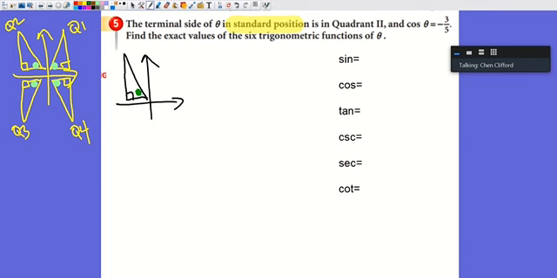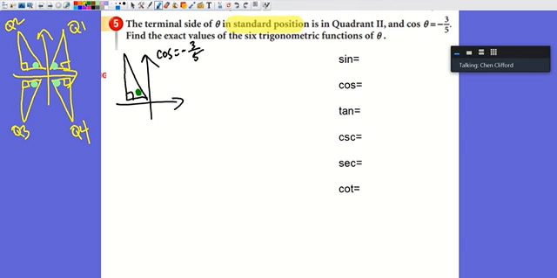And you're going to get cosine. I'm literally going to copy this here. Cosine equals -3/5.